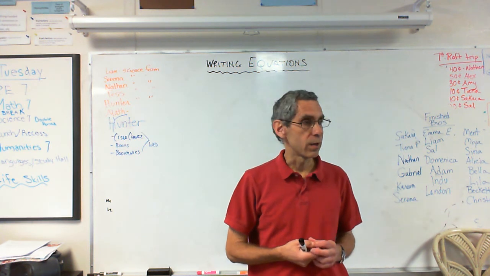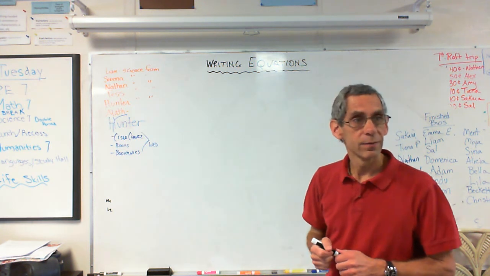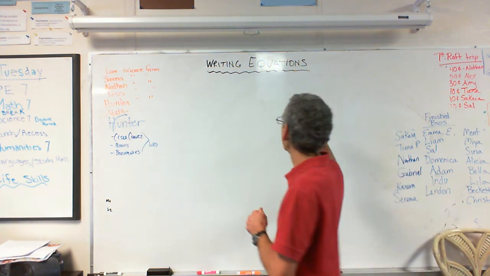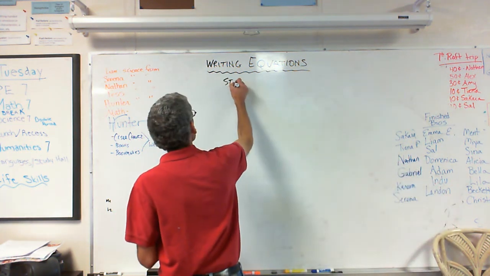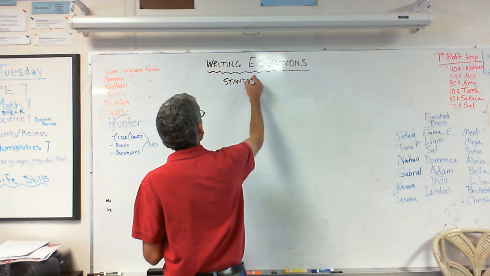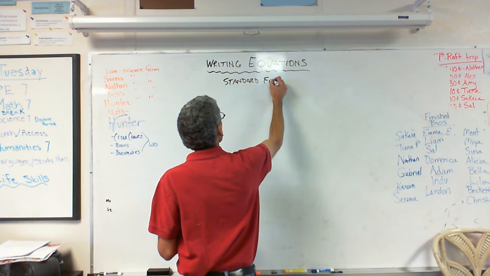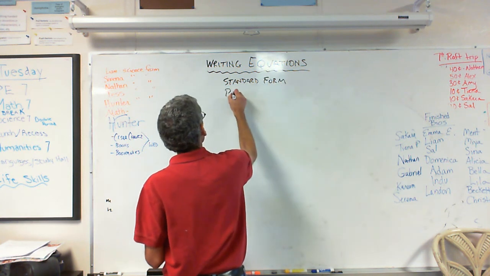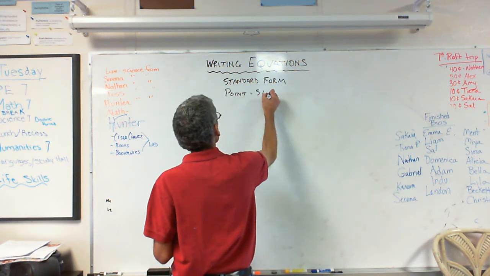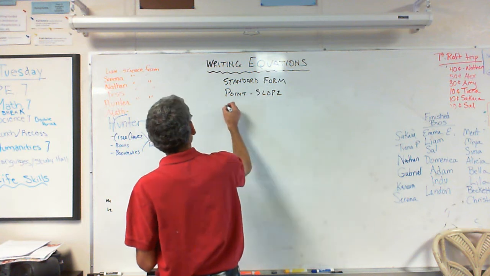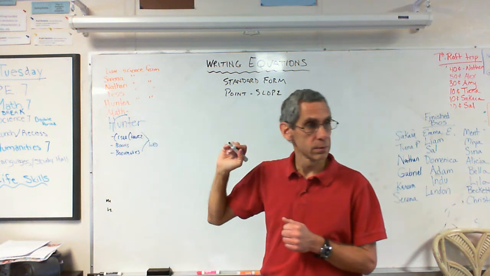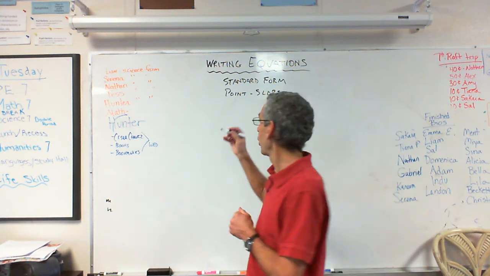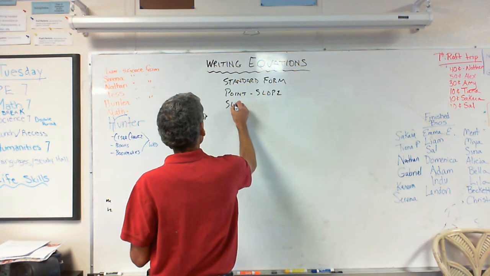Does anybody remember what they are? Standard form, point slope, and y equals mx plus b, which is called slope intercept.